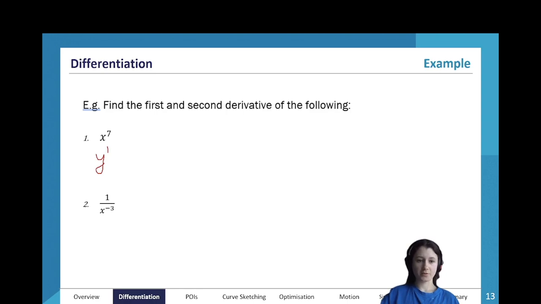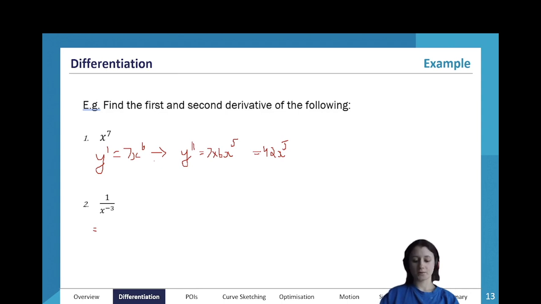Our first derivative is going to be 7x to the 6, just using our regular power rule. Our second derivative, so we're going to derive this one, is going to be 7 times 6, x to the 5th, which is 42x to the 5th.